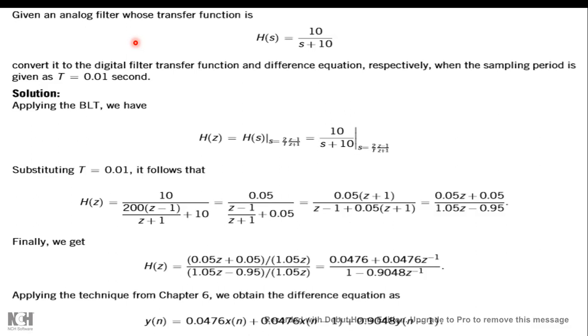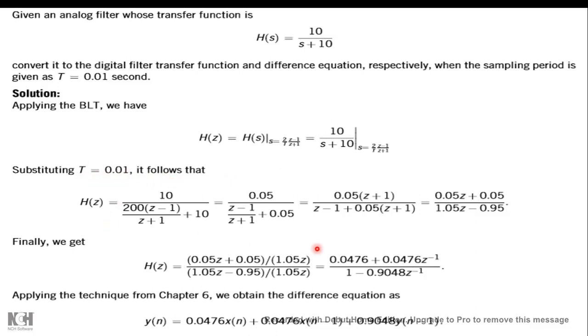Let's take another example to explain the bilinear transformation process. Here an analog filter transfer function is given. Now we have to convert it into a digital filter transfer function and difference equation with the sampling period of 0.01 seconds. First we apply the bilinear transformation by just putting S equals 2 by T, z minus 1 over z plus 1 in the above equation, and simultaneously substituting the value of T that is given in the question, 0.01.